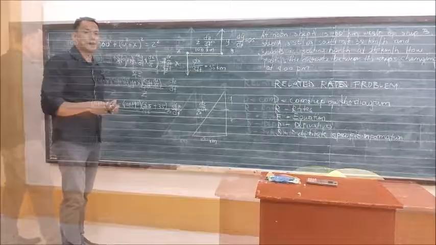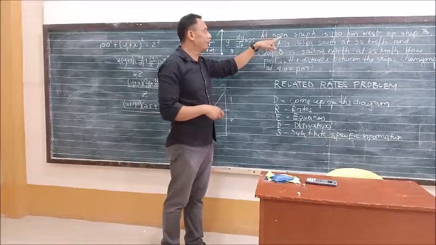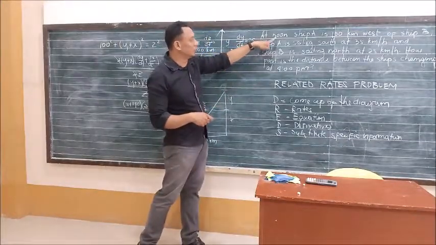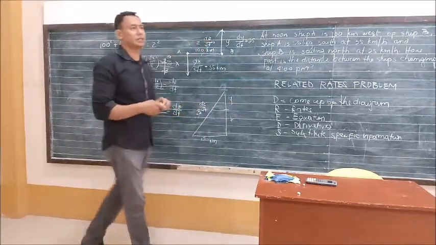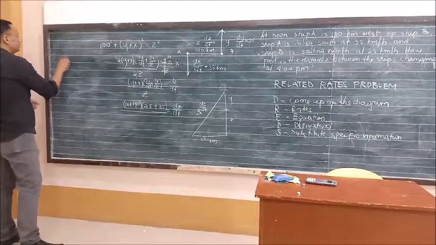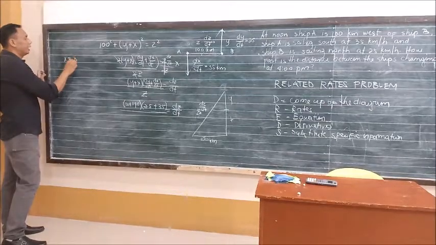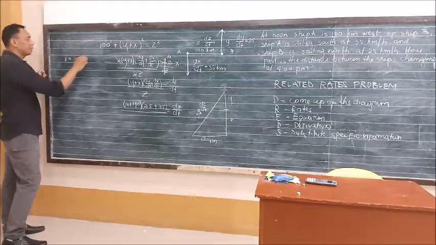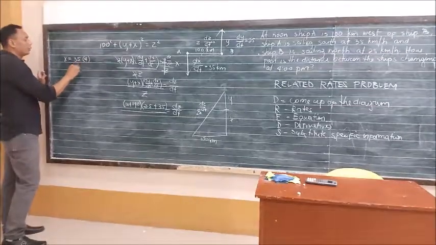So how to find the value of x, which is the distance traveled by ship A? It started from noon up to 4 p.m., so it is 4 hours after. The value of x is the speed of 35 kilometers an hour times the 4-hour gap of time. So that is 140.